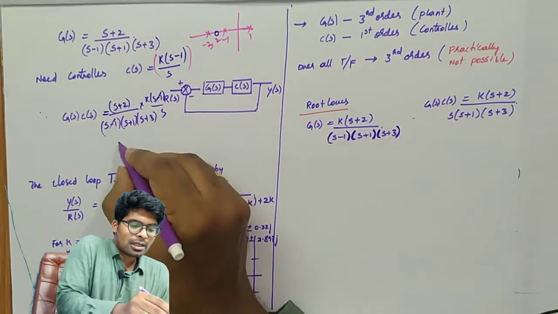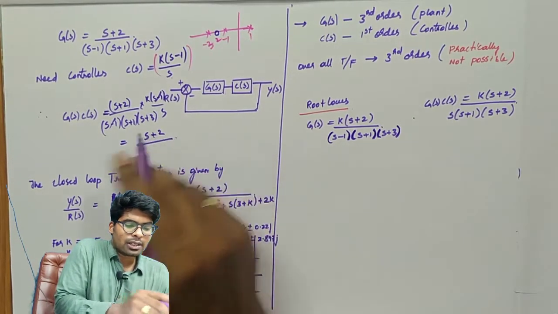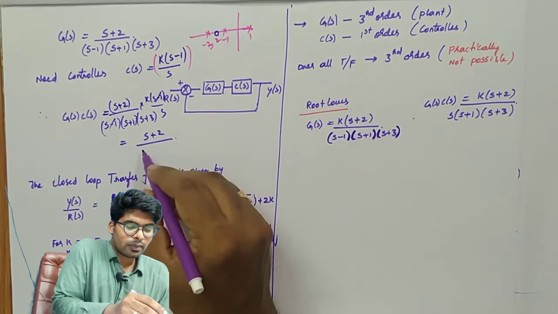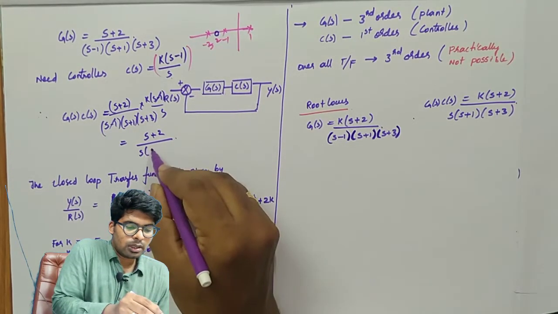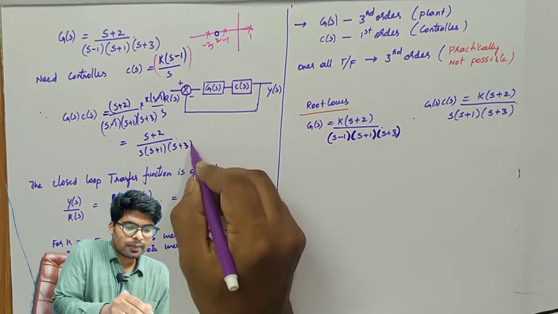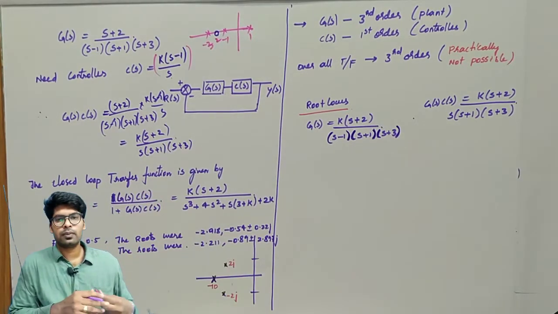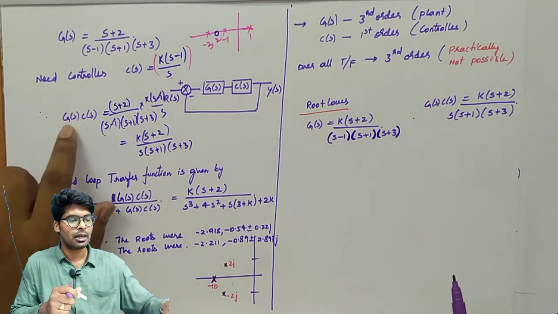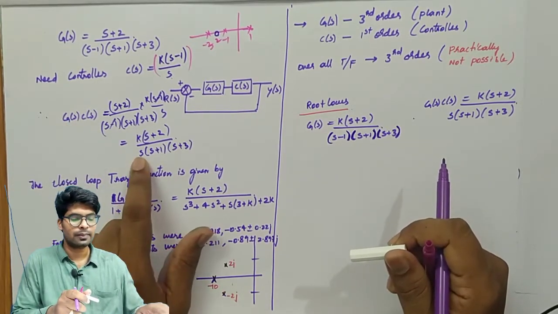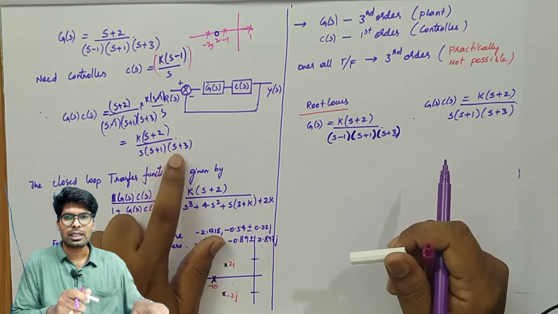Finally, the open loop transfer function of this system is K into (s plus 2) by s into (s plus 1) into (s plus 3).